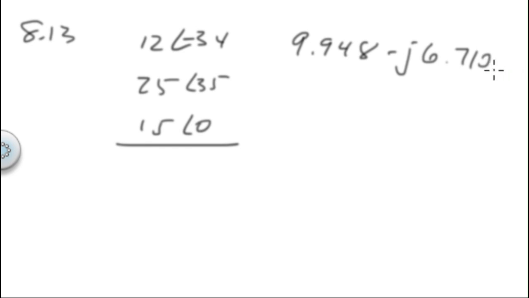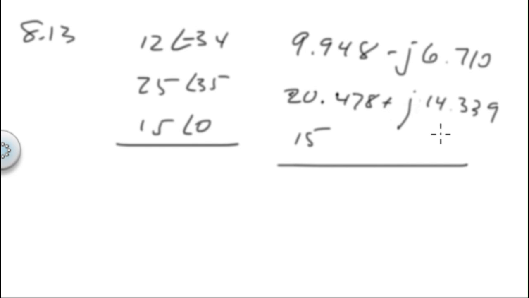Okay, 25 P to R 35 equals 20.478 plus j14.339. 15 at angle 0, just 15.